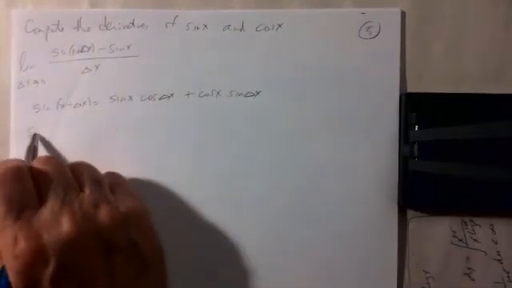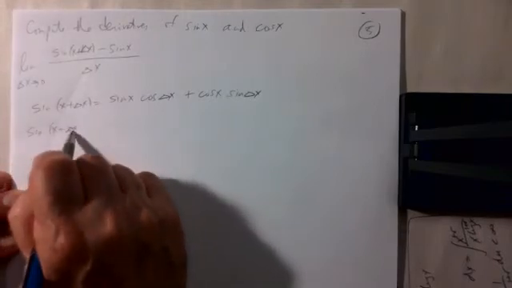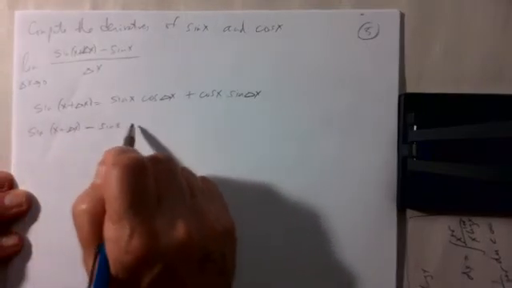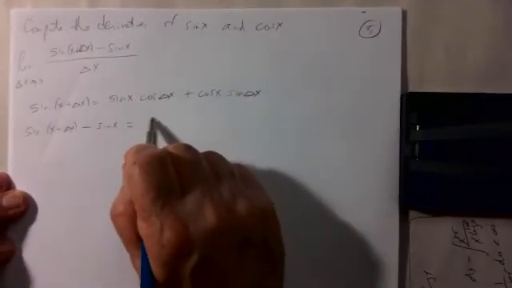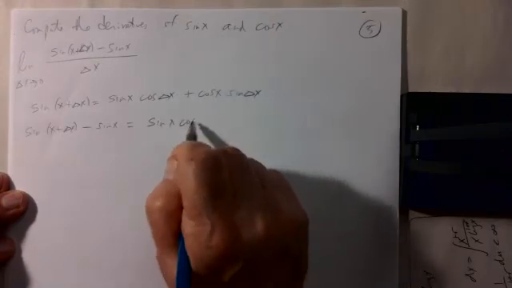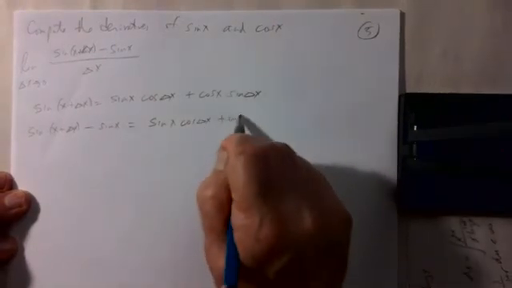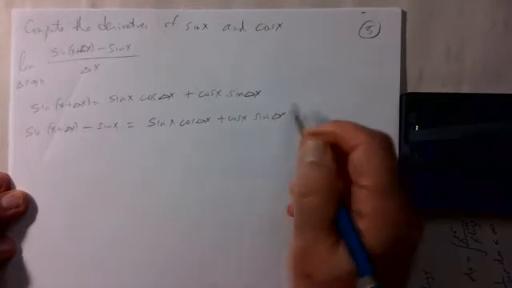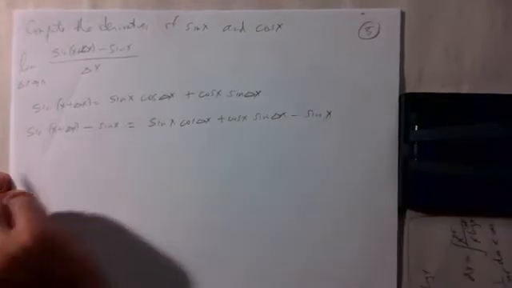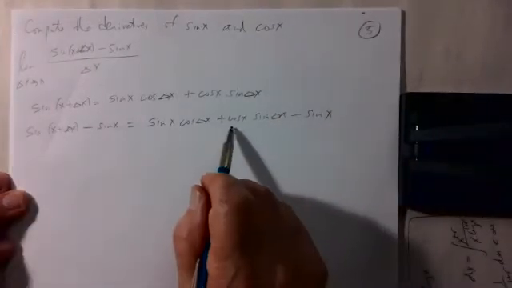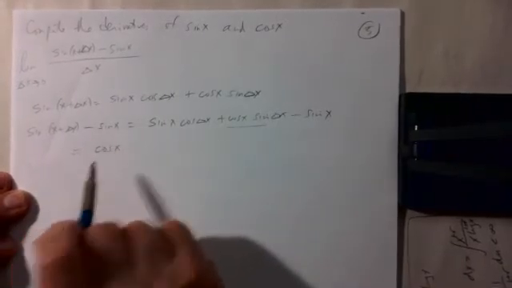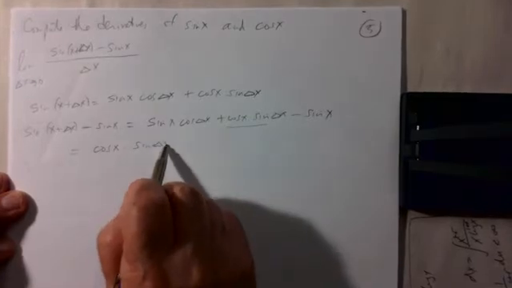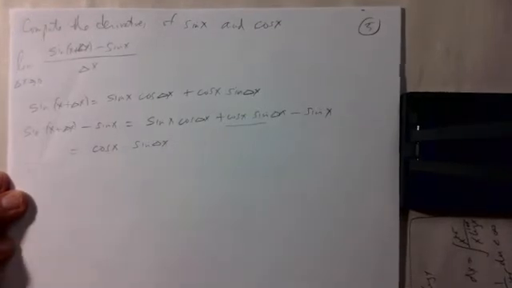So if we take sine of x plus delta x and we subtract sine of x, I'll just rearrange it a little bit. Sine x cosine delta x plus cosine x sine delta x minus the sine of x. I'm going to write this as cosine x times the sine of delta x.